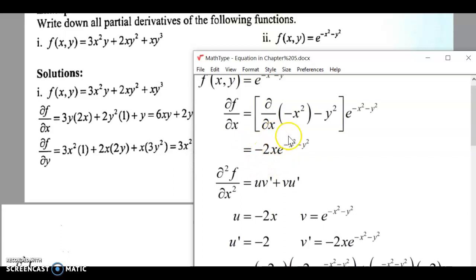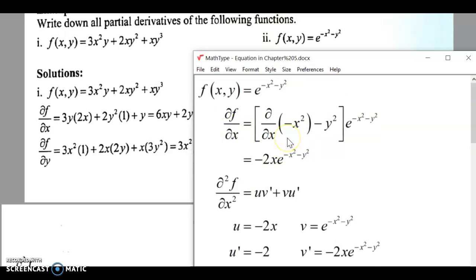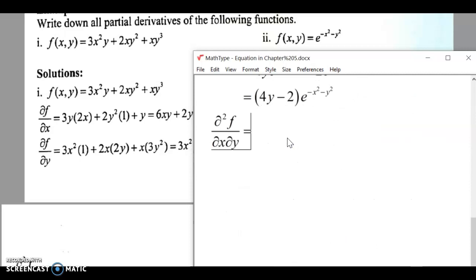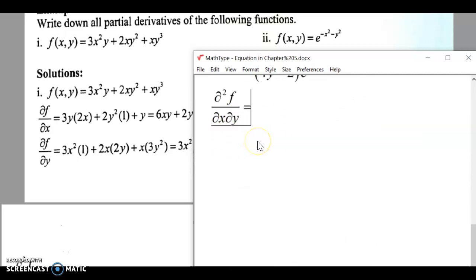In other words, we are going to use this derivative, which is the derivative on x, and later find the derivative in terms of y. Because it contains a product of two components here, negative 2x times the exponent, of course we are going to use the formula of product rule.